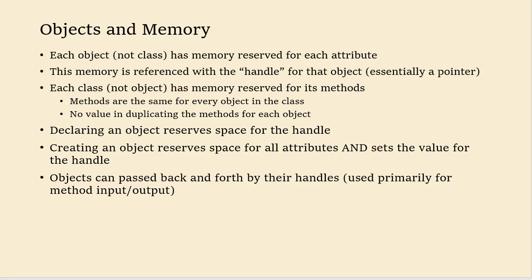So again, the idea is no one can touch my data. The cost of that is that you have less direct access to memory. In programming languages like C, you can point directly to memory locations. In object-oriented programming languages, you tend not to know where things are stored in memory, and you tend not to be able to access memory locations directly.